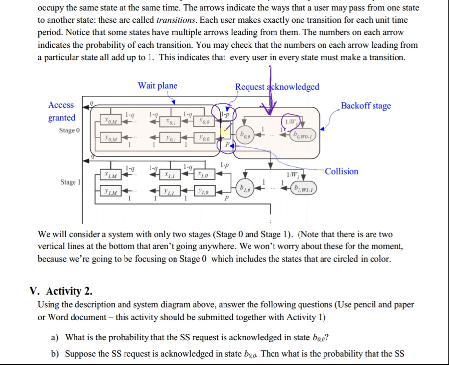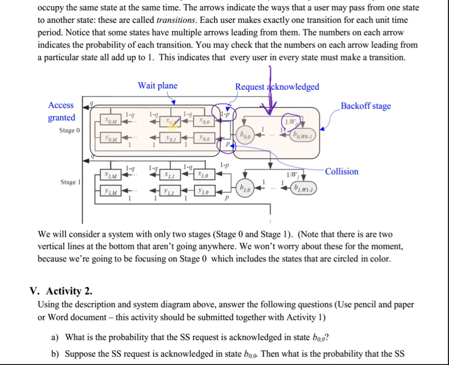How about if you make it to the upper line? Well, in the upper line, I go to the first state here, which is X00. There's a probability Q that access will be granted, and that means I do get to use the channel. There's a probability 1 minus Q that I don't get to use the channel, and I have to wait.